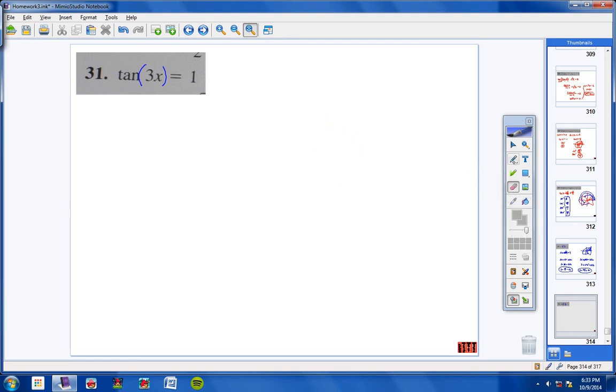So the tangent of 45 gives you 1. Now, we're dealing with a positive 1, so we're dealing with tangent here in this quadrant and here in this quadrant. These are the two quadrants where tangent is positive. So I'm going to put 45 here and 45 here.